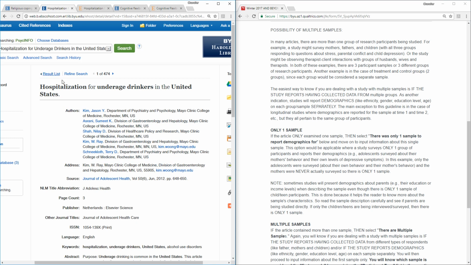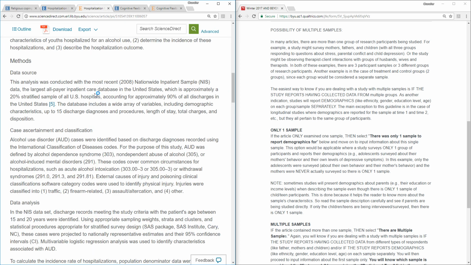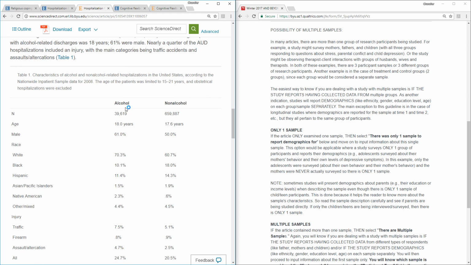Our first example will be hospitalization for underage drinkers in the United States. In this study, data is taken from the nationwide inpatient sample data set, is narrowed down to adolescents, and then is differentiated into two samples based on alcohol use disorder cases and non-alcohol related cases.